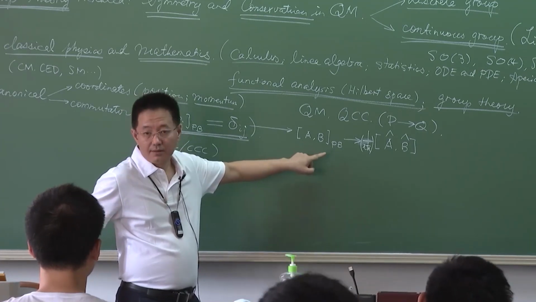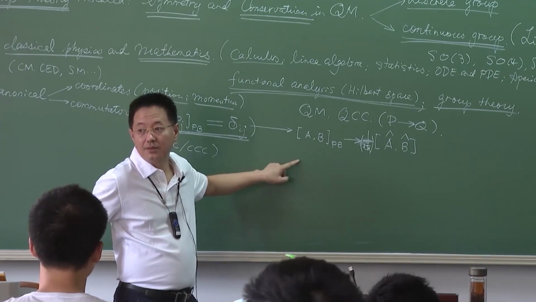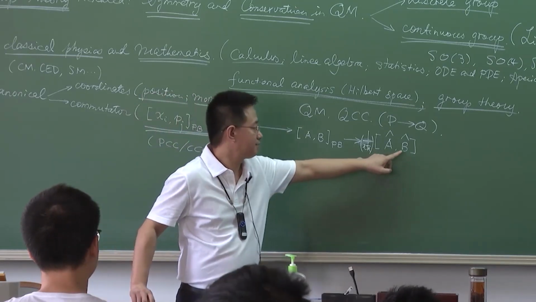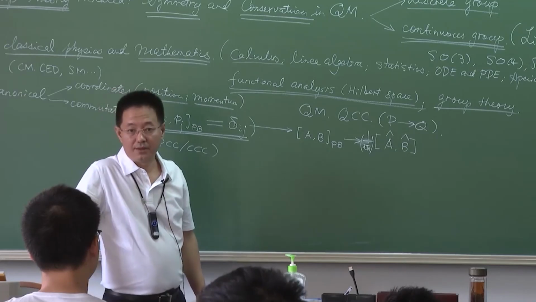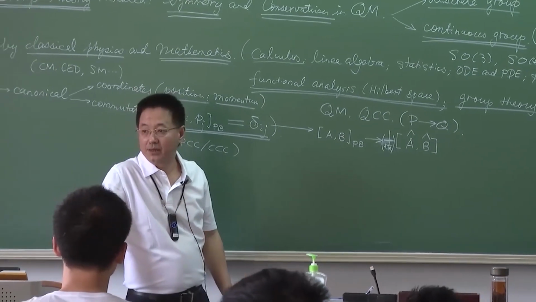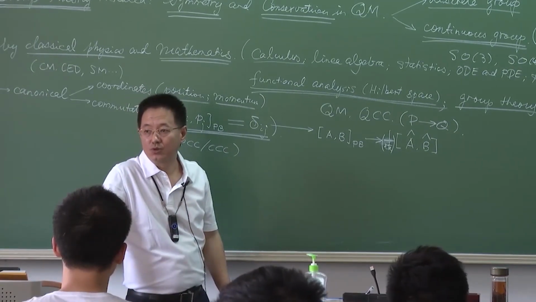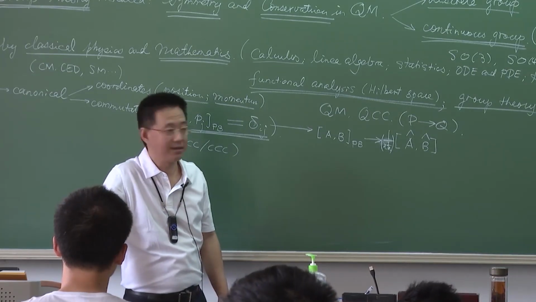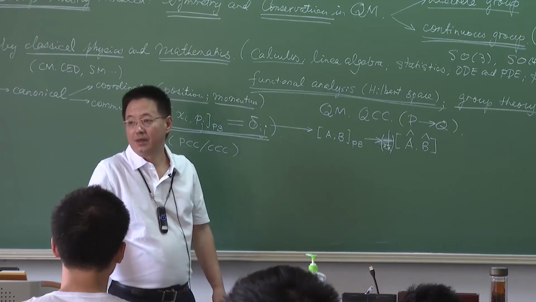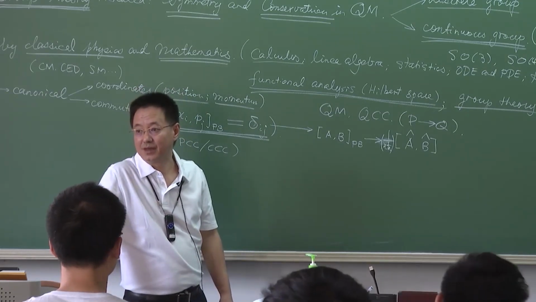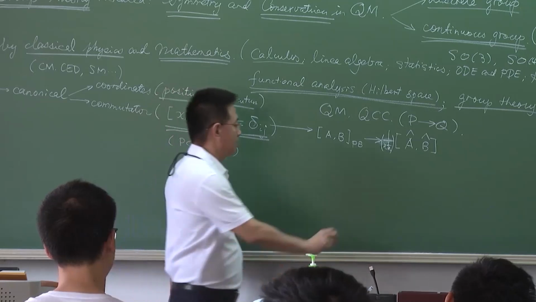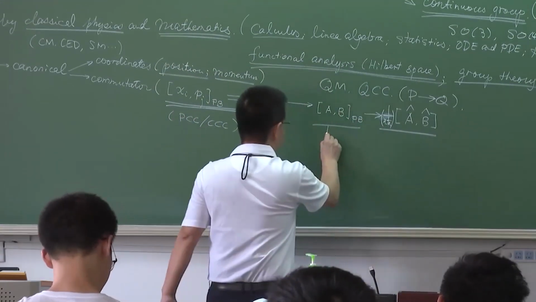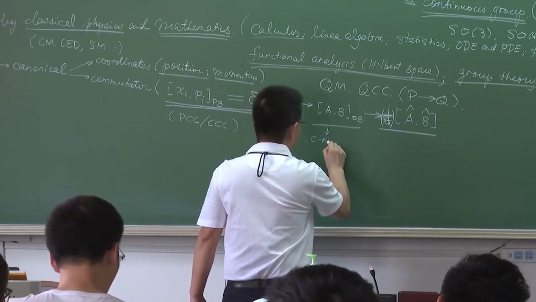That means A times B equals B times A. But when you have the A hat and B hat, normally AB is not equal to BA. So generally speaking, AB is not commutable in quantum mechanics. So this is called the C number.